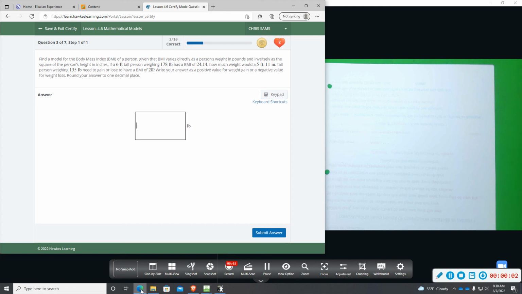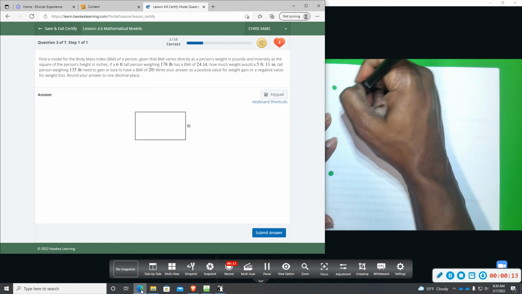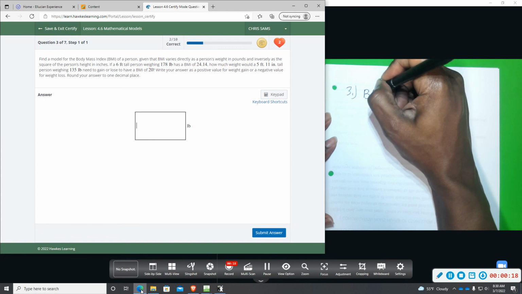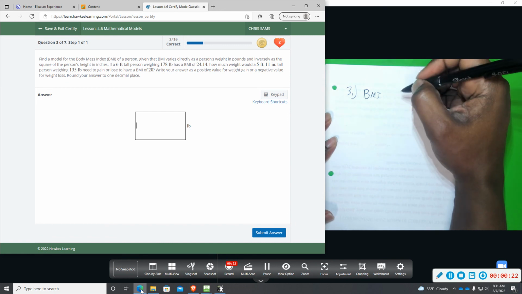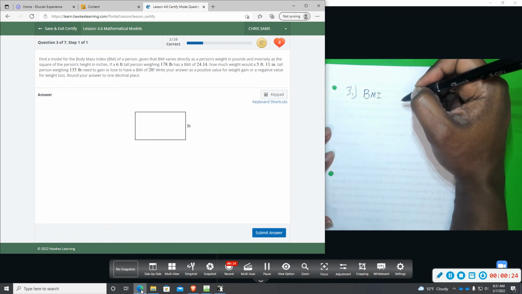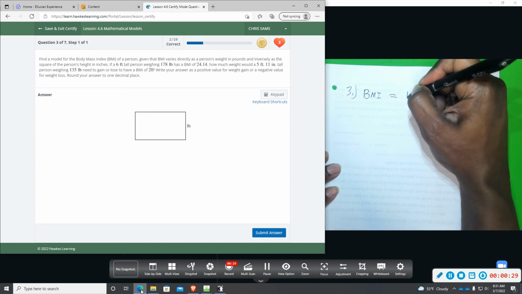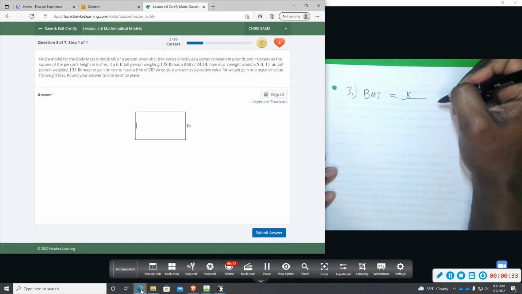All right, number 3 of 7. We want to find a model for the body mass index, BMI. So I'm going to let that be my variable, the body mass index of a person, given that BMI varies directly, so that is equal to K times something, as the person's weight.